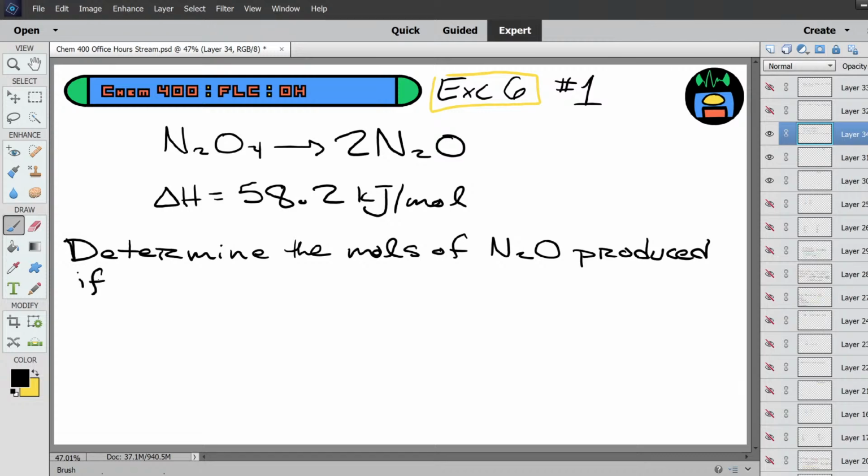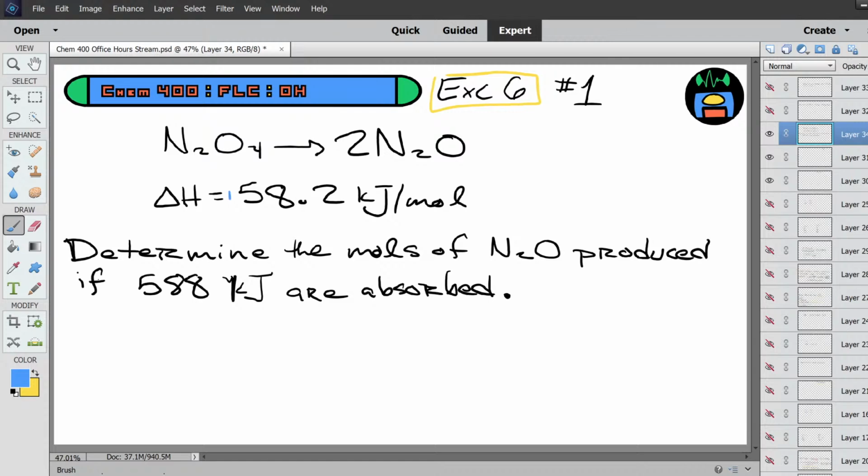If 588 kilojoules are absorbed, all right, so solving this problem 100% hinges on how you handle the delta H for your reaction.